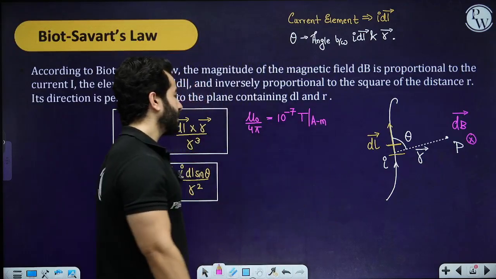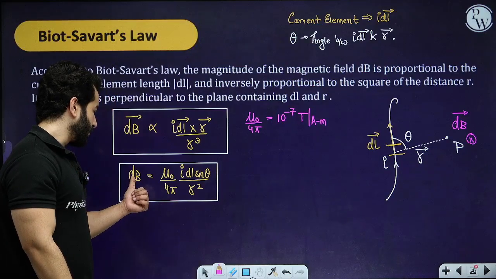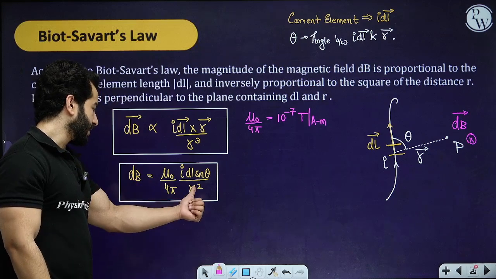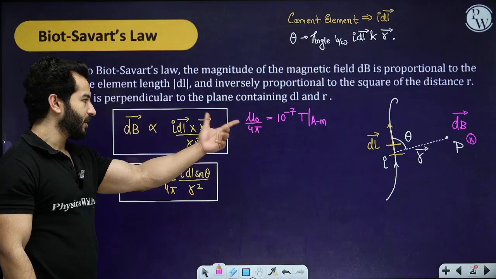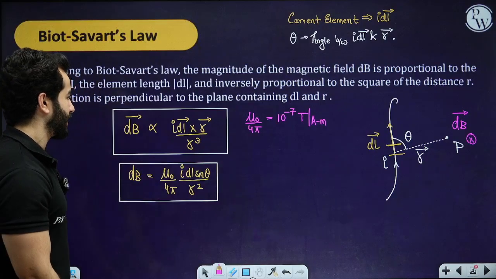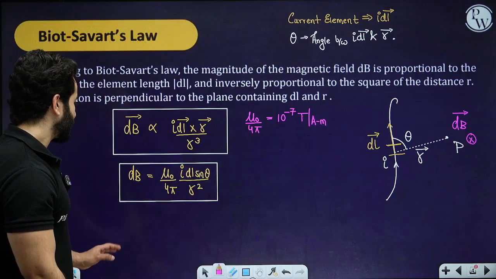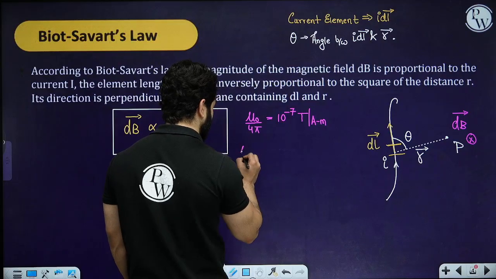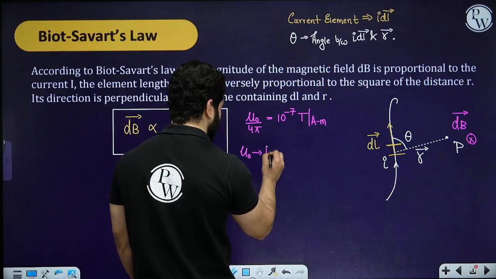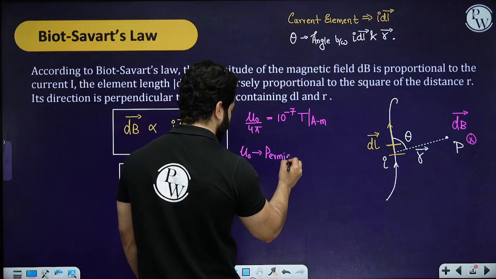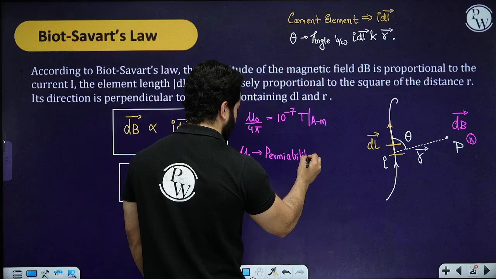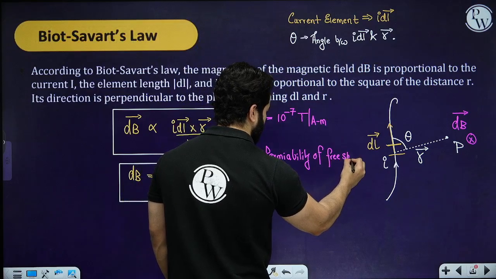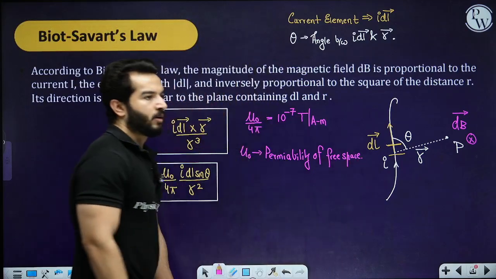Or you can also write it in Weber: this is actually Weber per meter square, and the meter square gets cancelled out, so it is Weber per ampere meter. You can also write it like that. Hopefully everything is clear with this concept. Mu naught basically stands for the permeability of free space, or vacuum, right?